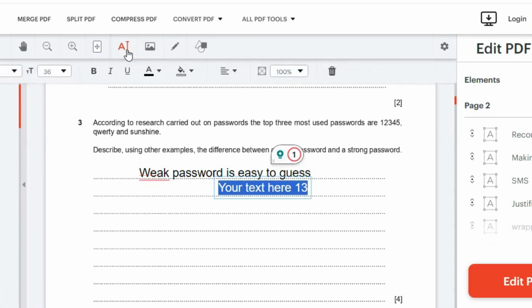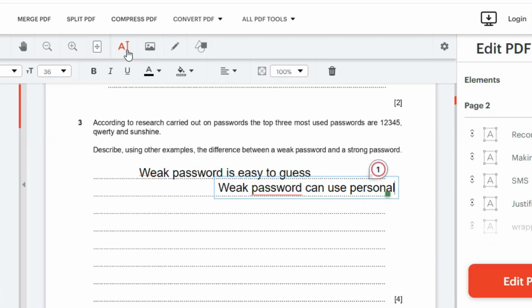2. Weak passwords can use personal information.